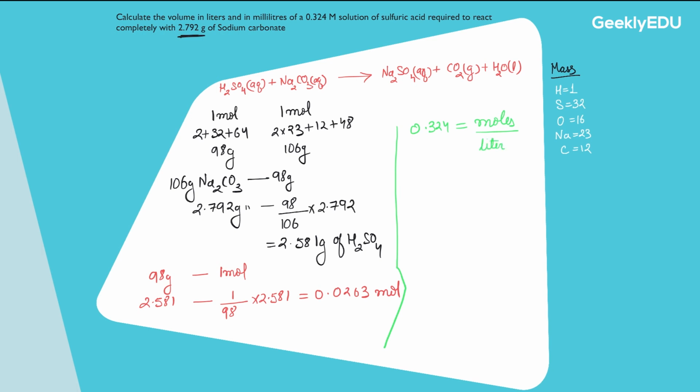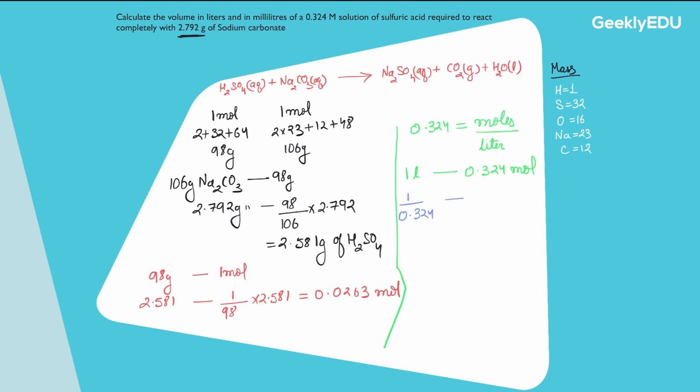That means 1 liter of sulfuric acid has 0.324 moles. Now, you have been asked to find out how much volume of sulfuric acid will have 0.0263 moles. So let's bring that as a denominator.